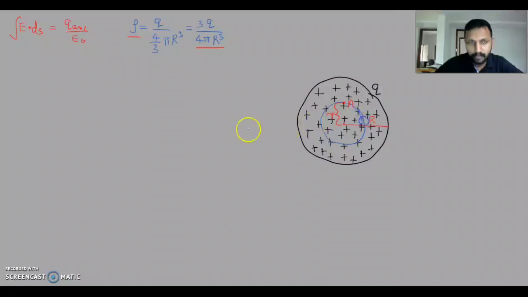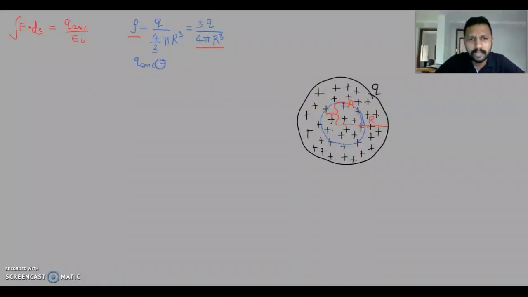Why? If we are using Gauss law, we will have to assume a Gaussian surface, and the Gaussian surface that we are assuming in this case is a sphere of radius r. Then what is Q enclosed? Q enclosed is the charge inside this blue sphere.